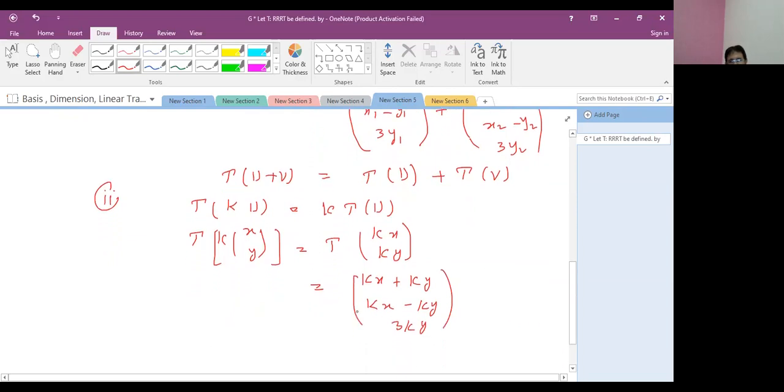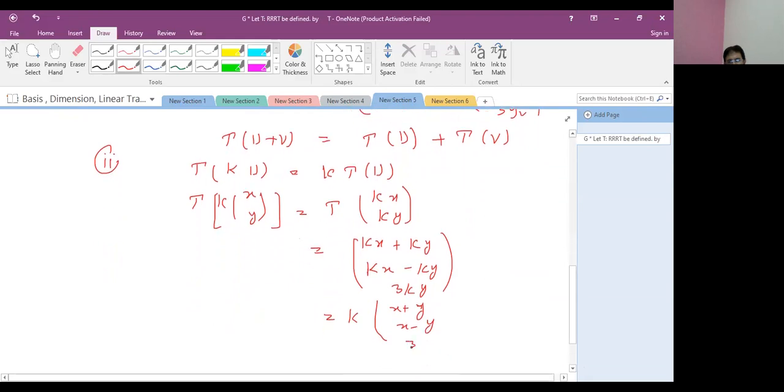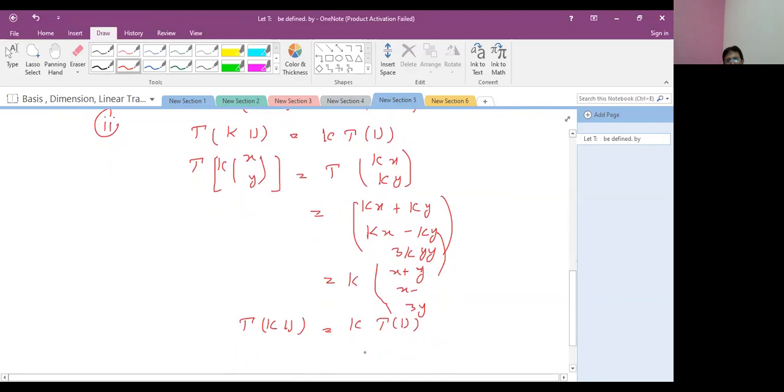It means if we take K common from the whole vector, it is X plus Y, X minus Y, and 3Y, which is called transformation of U. Hence transformation of K of U equals K times transformation of U. Hence both properties hold.